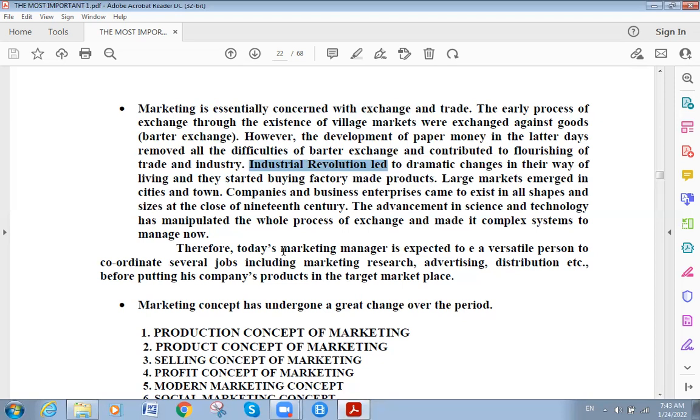Instead of, for example, making one pair of socks by hand, you just press the button and the machine will produce hundreds of thousands of this product. People started buying factory-made products. Large markets emerged in cities and towns. Companies and business enterprises came to exist in all shapes.